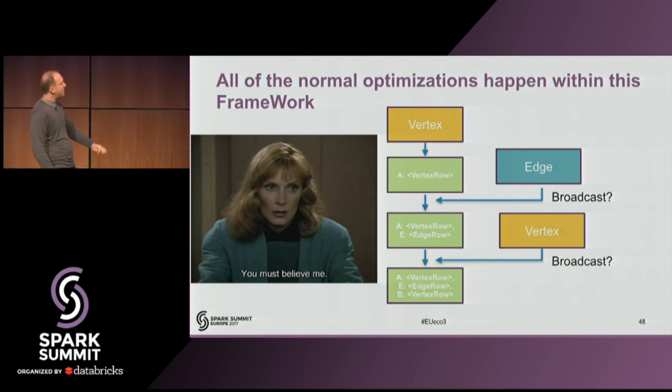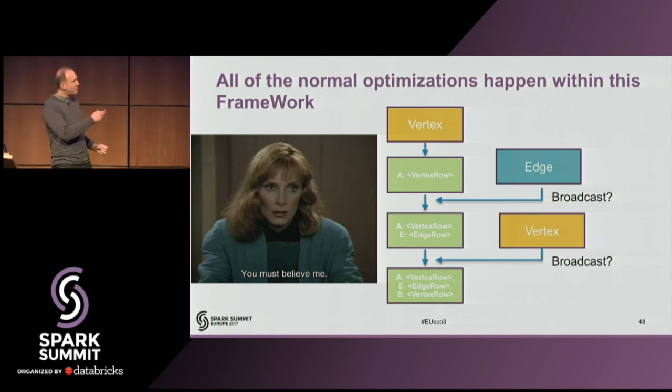So for example, if we filtered our bottom data frame here and said we're only interested in edges that have a property of seceded by or something like that, that property might trim down our edge data frame enough that it can be joined via broadcast join instead of a full shuffle join and end up saving us a lot of time. So this kind of stuff all happens automatically under the hood, and it's pretty great.